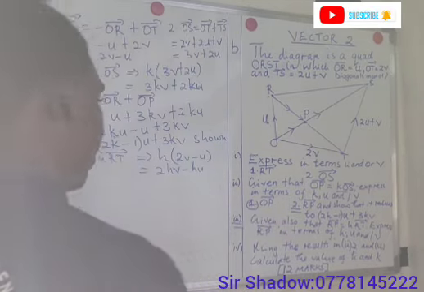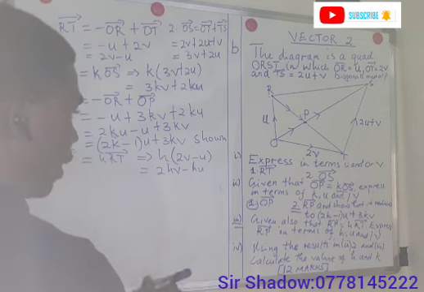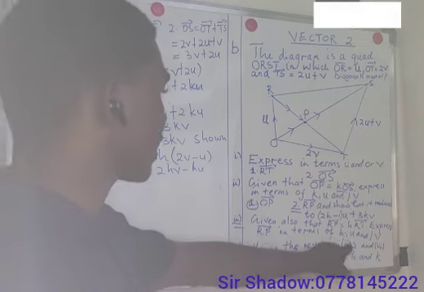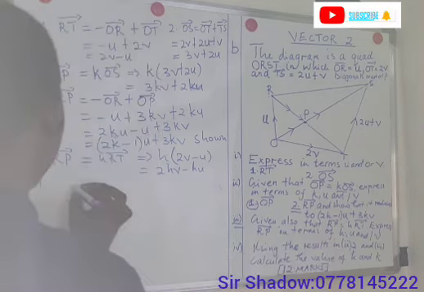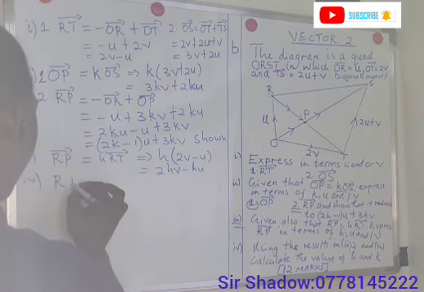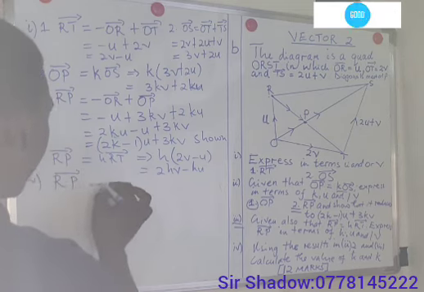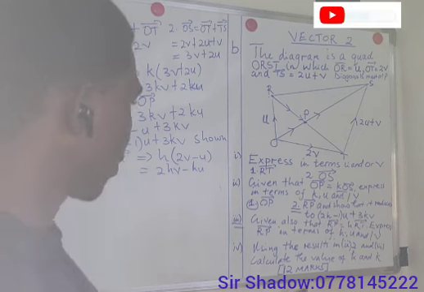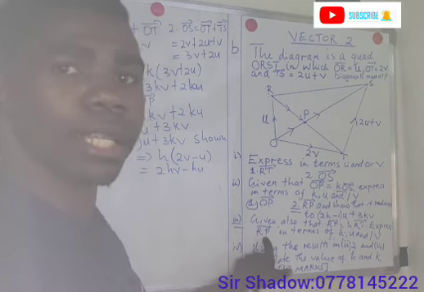So we have to say, in item 2, number 2, we are given RP. So we have to say RP is equals to RP in item number 3.